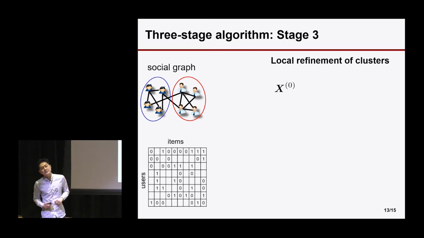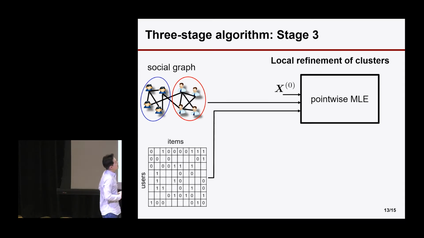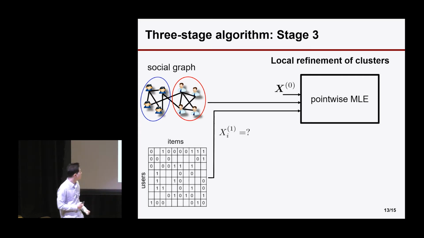So here, to make sure of the exact clustering, the idea is to use the point-wise maximum likelihood estimation. So here's how it works. For example, in order to estimate the ith component of the cluster type, we compute two things. One is a likelihood function with respect to the observations conditioned on the initial ith estimate.